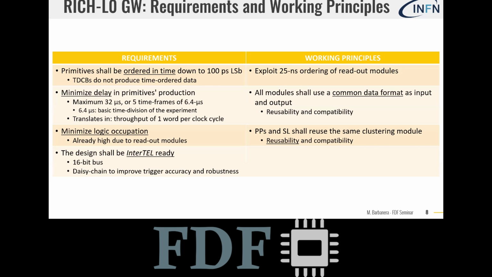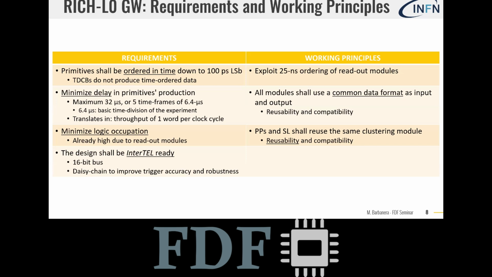The other requirement was to minimize the delay in the primitives production. The experiment has time frames of 6.4 microseconds, and the delay should be less than 5 of these time frames.